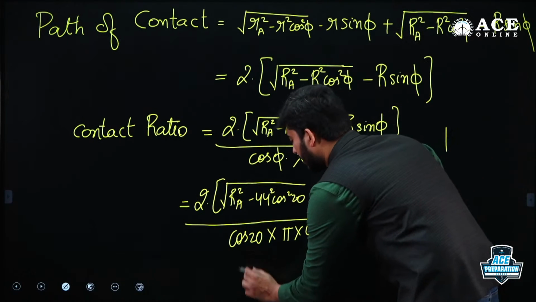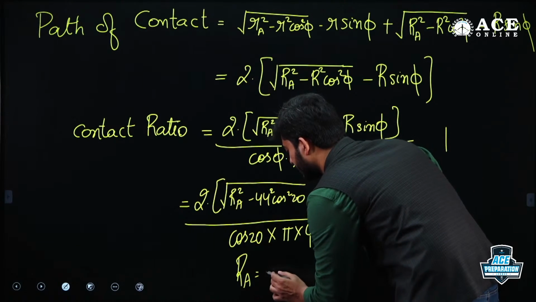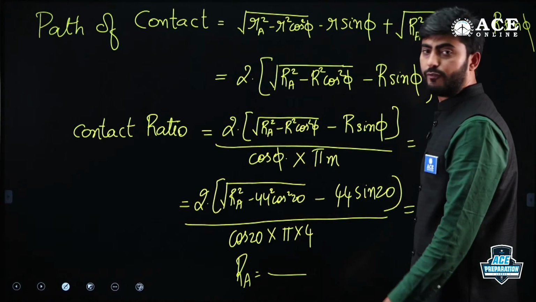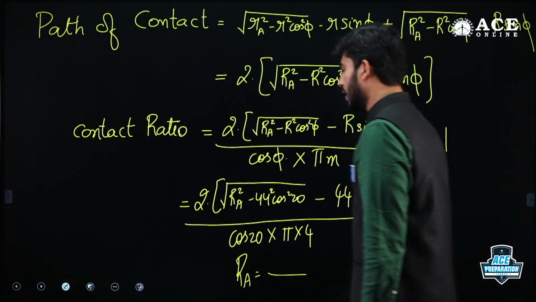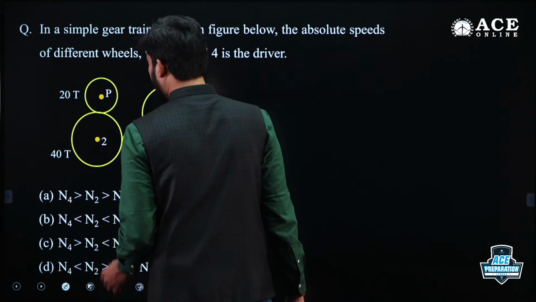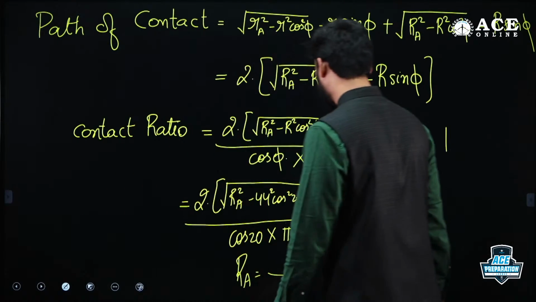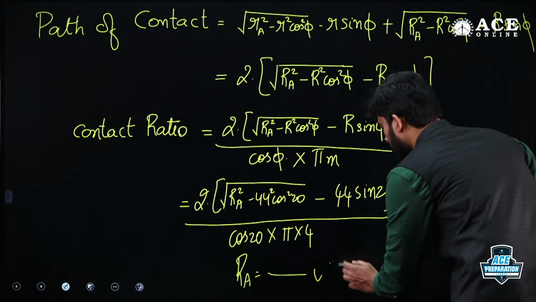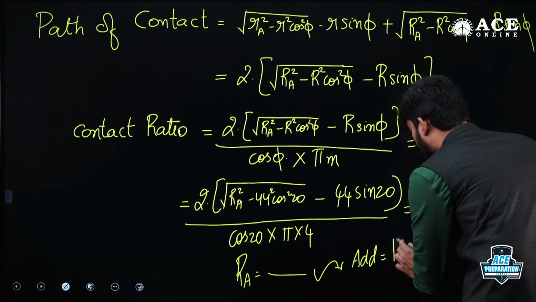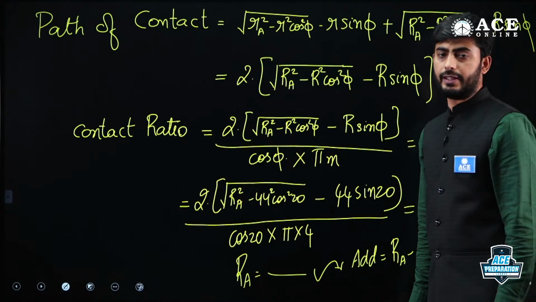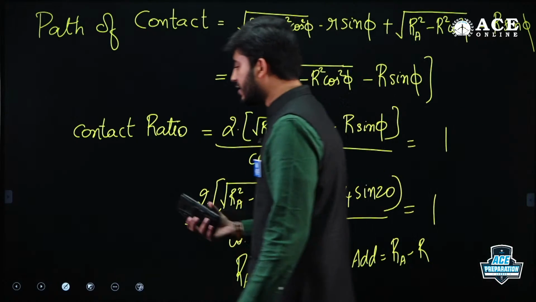Okay, so what is the value of R_A, guys? It will be greater than 44, and addendum will be equal to R_A minus r. Okay, so please answer this.